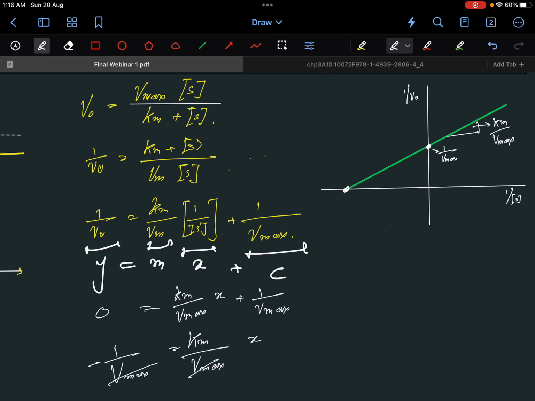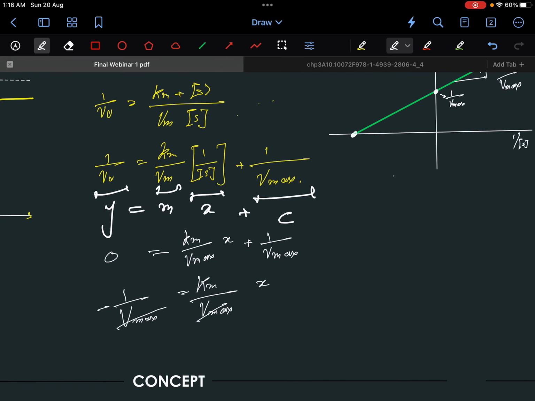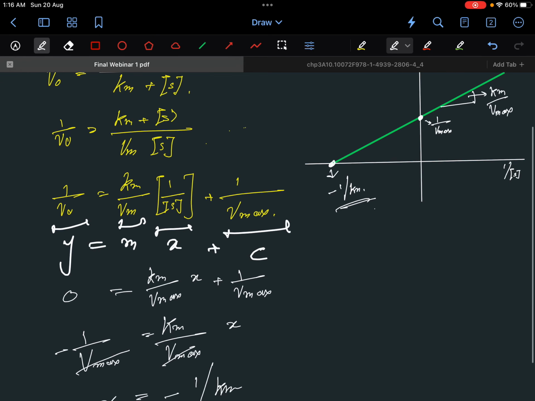This Vmax gets cancelled and Km will come this side. So if we reverse the equation, x will be equal to minus 1 by Km. Simple, right? So this point becomes minus 1 by Km. Okay, done.